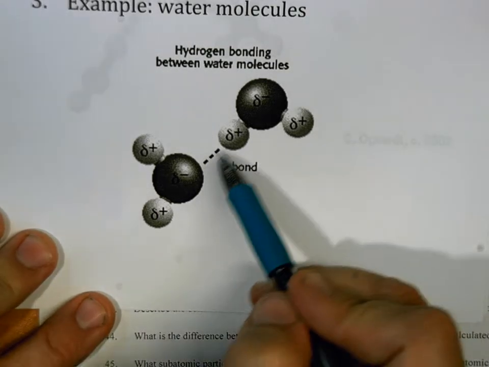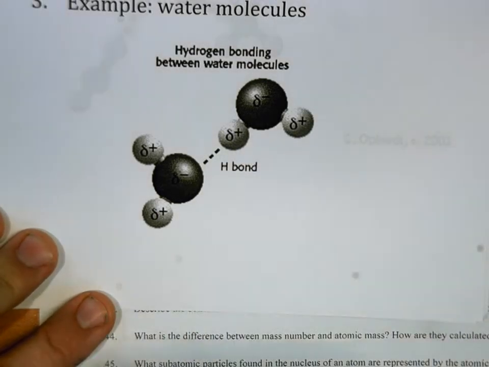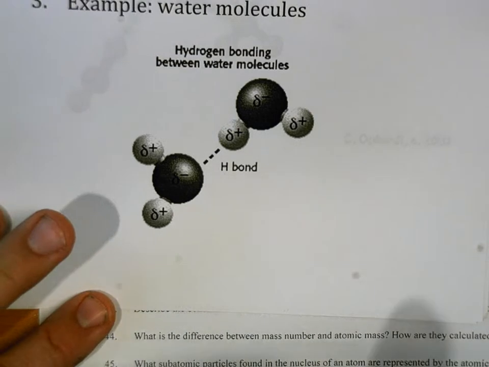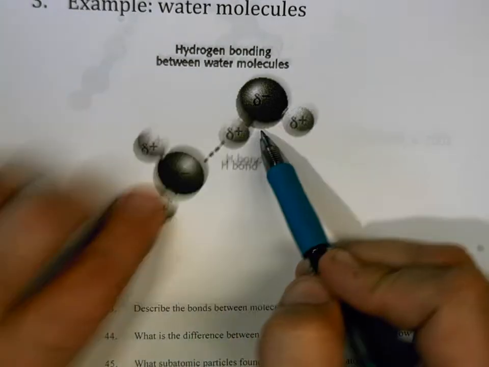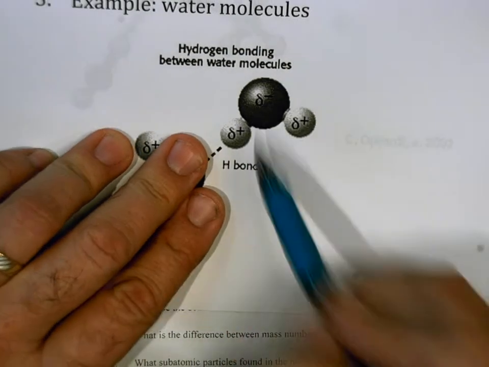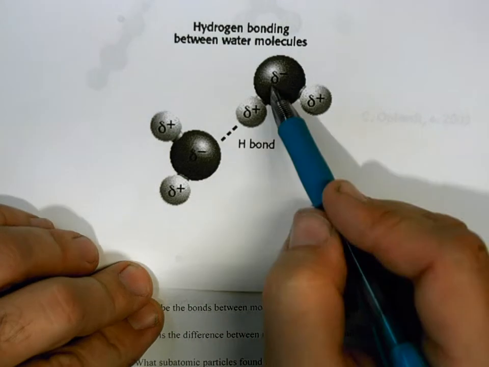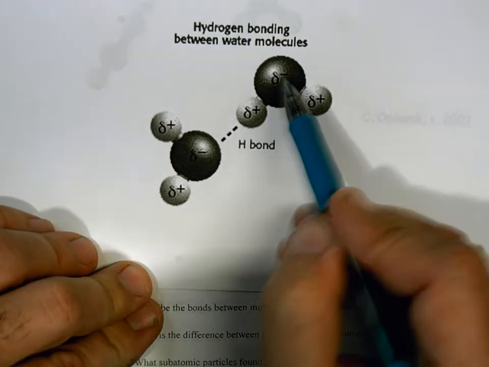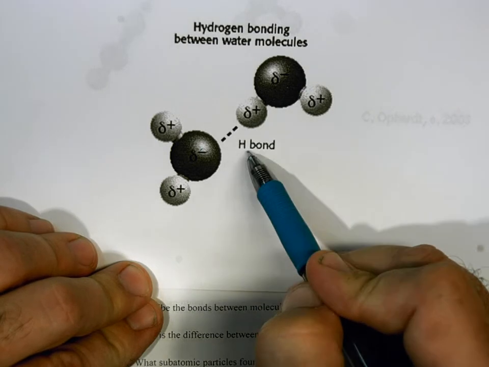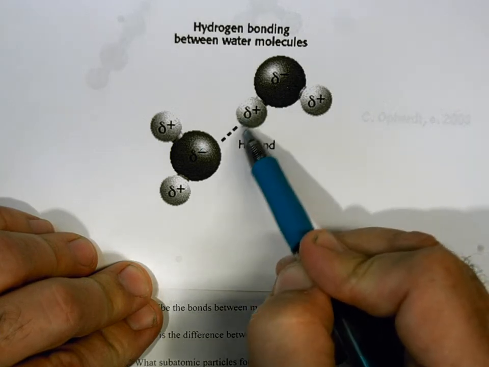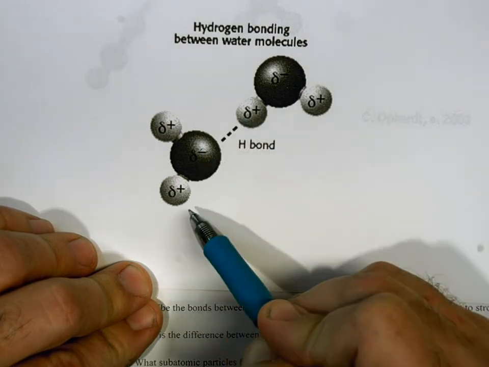And then what happens is they tend to stick together because, first off, if you interpret the question as what keeps this molecule together, well, they're sharing electrons, you've got covalent forces holding it together. But I'm interpreting the question as why are these two molecules stuck together, attracted to each other, and it's the hydrogen bond, where this hydrogen is attracted to this negative part of this other water molecule.